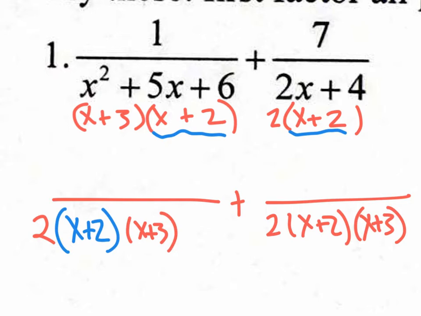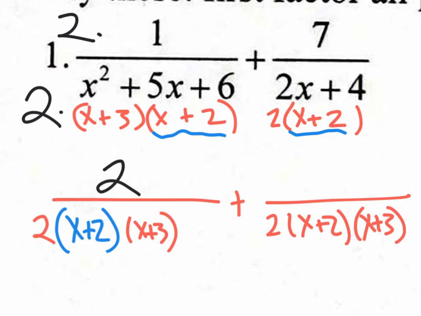And now let's go back to the original and say, what do I do to this guy to make it look like this guy? What's it missing, guys? What's this denominator missing compared to this guy? 2. So you need to go times 2 right here to make it look like this guy down here. But what you do to the bottom, you have to also do to the top. So multiply by 2 on top and you get a 2 up on top.